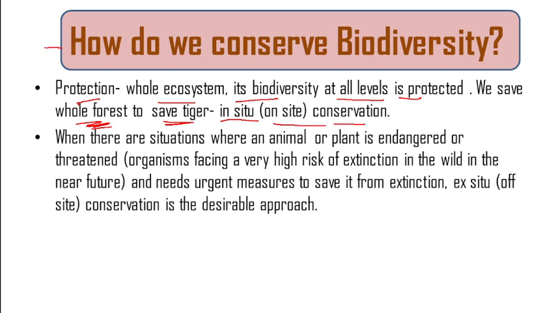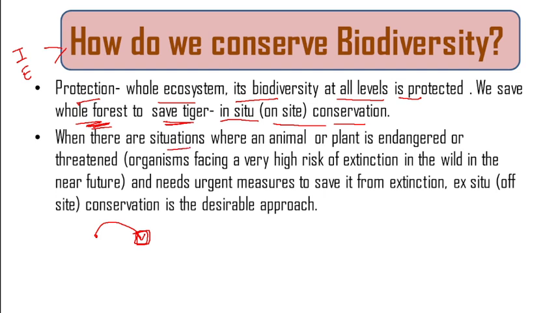In this topic we are going to talk about in situ and ex situ conservation. When an organism is saved or protected in the area where it is present, where its habitat is, then it is called in situ conservation. And if you are taking an organism to a different area and protecting it there, then it is referred to as ex situ conservation.